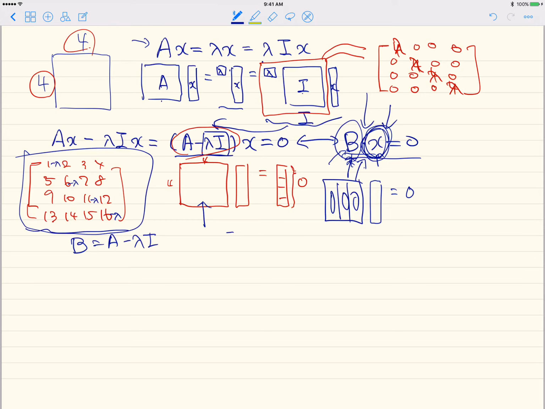So basically, what we are doing here is finding the lambda that makes this matrix B non-invertible.